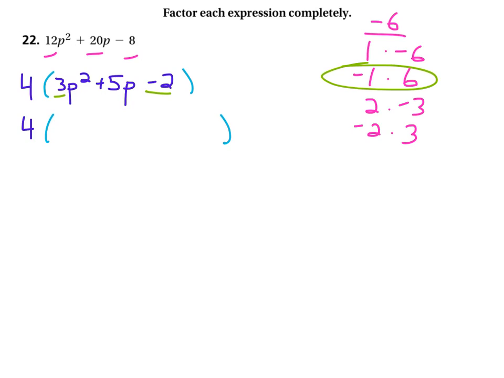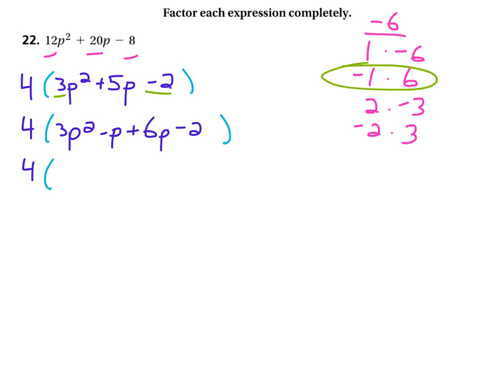So how do we write it then? We write it as, remember the first term stays what it is, 3p squared. And that 5p turns into a -1p, negative p, and 6p. And then the last term stays the same. Now, I'll just write it on another line.